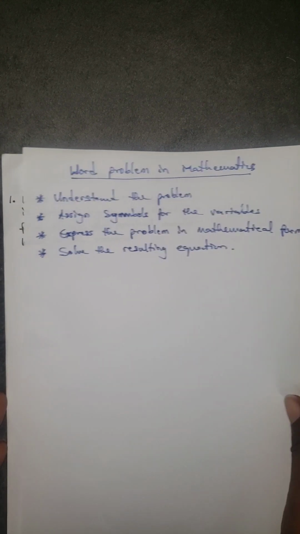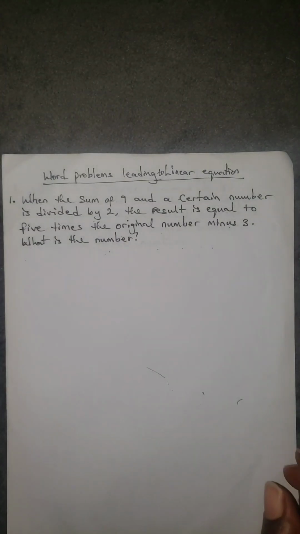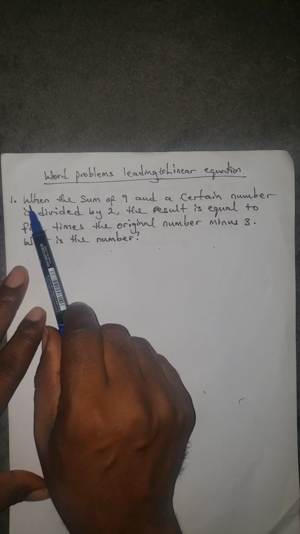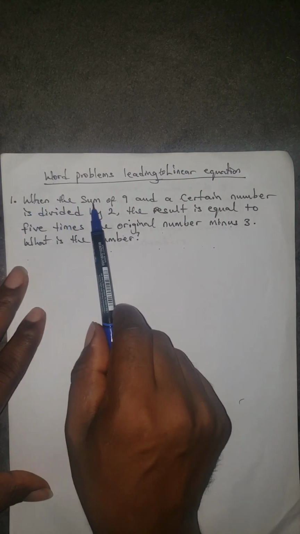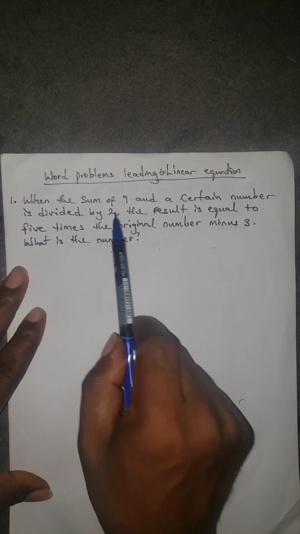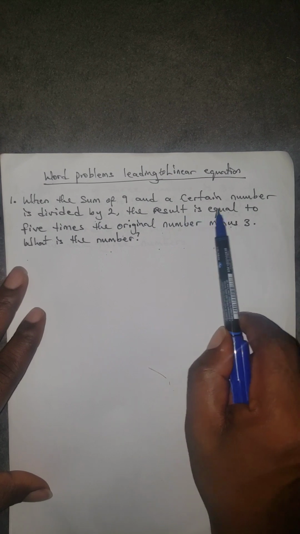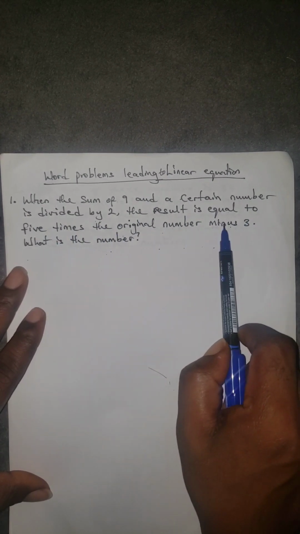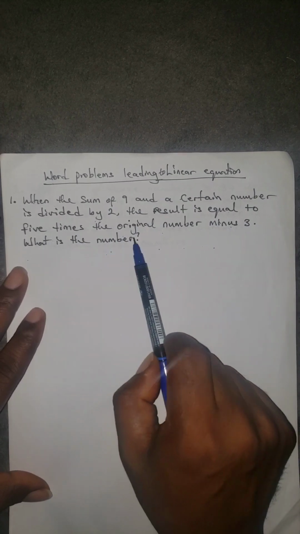So let us start with question number one. In this question, we say that when the sum of 9 and a certain number is divided by 2, the result is equal to 5 times the original number minus 3. What is the number?